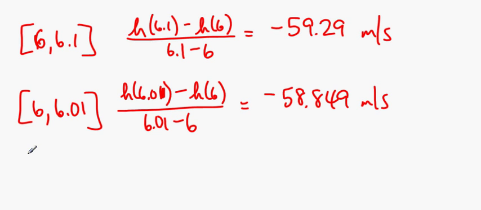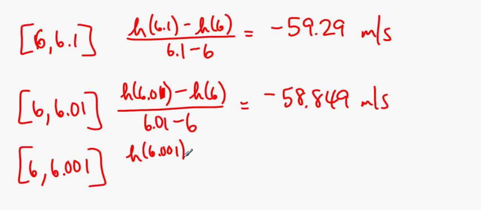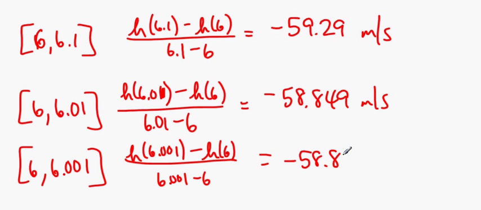So we choose a smaller subinterval, and we say, well, this has got to get us really, really, really close. And sure enough, it does. And this average velocity is negative 58.8049 meters per second.